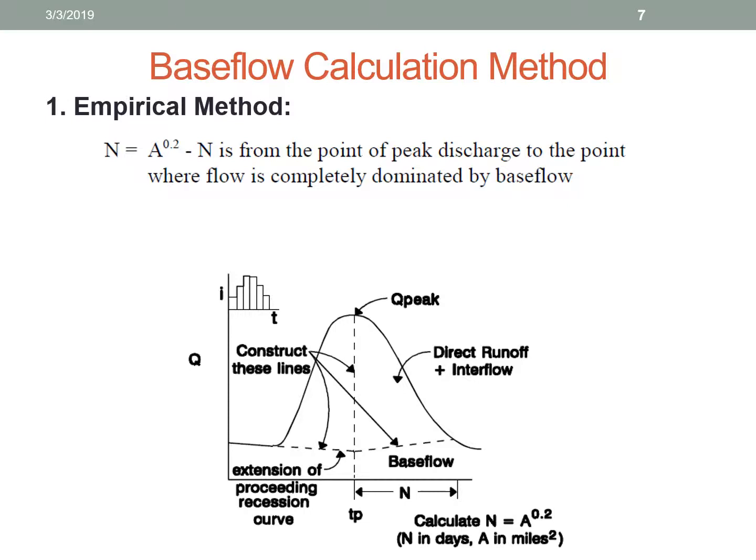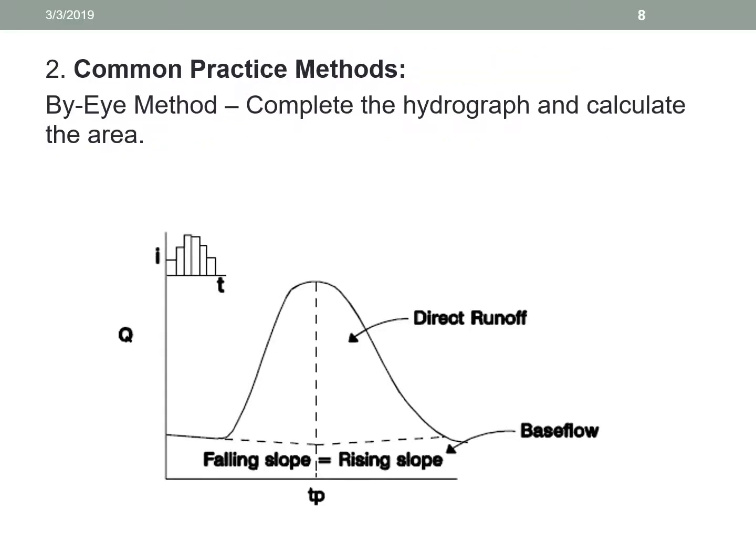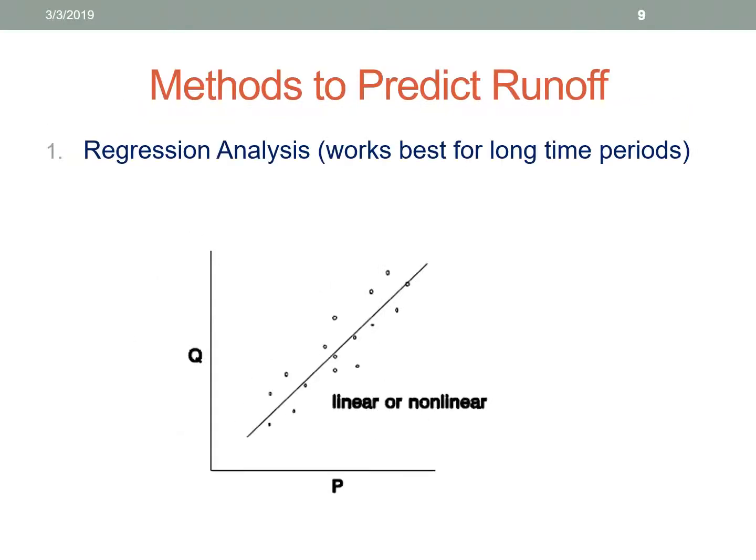If you see the picture, from the center, you see the Q peak to the place that I put here, that will be N. So from the point of the peak flow to the point where the flow is completely dominated by base flow, that is N. Another common practice method: complete the hydrograph and calculate the area. That is also common practice.